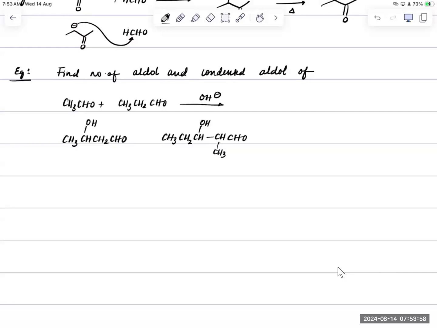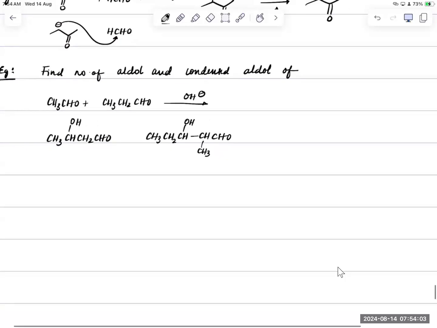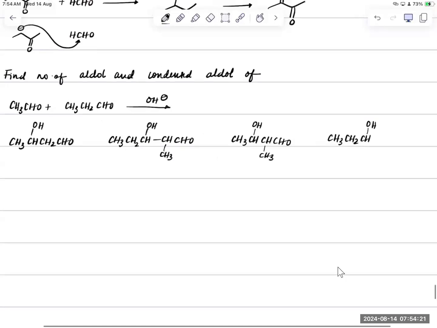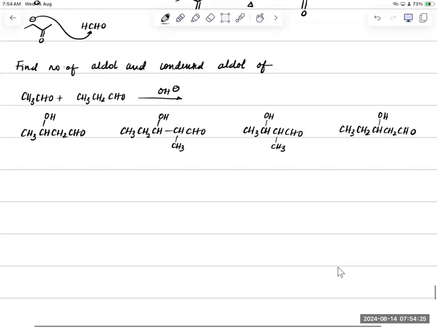This is again self of this compound. Now let me put crossed. CH3CHOH connecting from CH, CH3CHO. This is cross. The last cross will be CH3CH2CHOH, and from the left, we will have CH2, CH. This is again a cross.